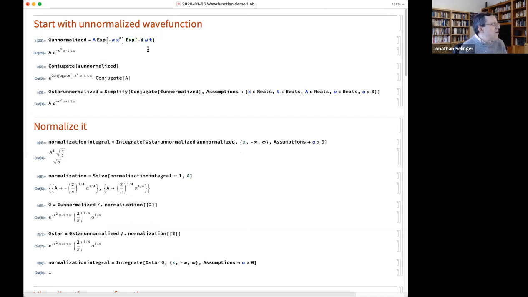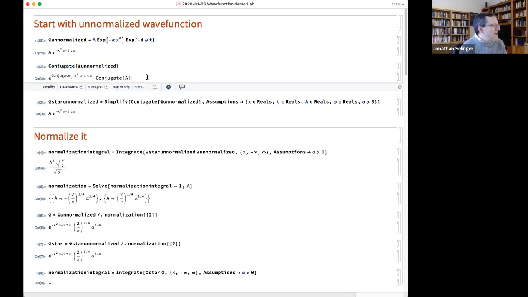Okay, so this is our unnormalized wave function. If we want the complex conjugate, I could try just typing conjugate of that thing, but Mathematica does not process it in the way that I wanted. Mathematica just says, oh, I'll take the complex conjugate of everything.